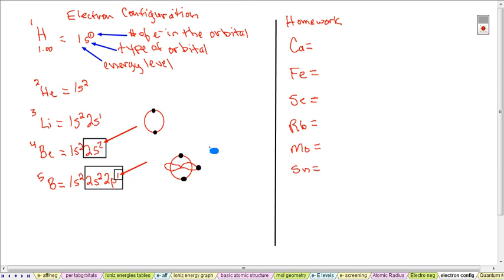Now it would make sense that it's easier to remove this electron here than it would be to remove one of the paired electrons in an orbital that's full. This one's not paired. It's a third electron that is definitely going to feel repulsion from these two paired electrons, so easier to plunk that off.